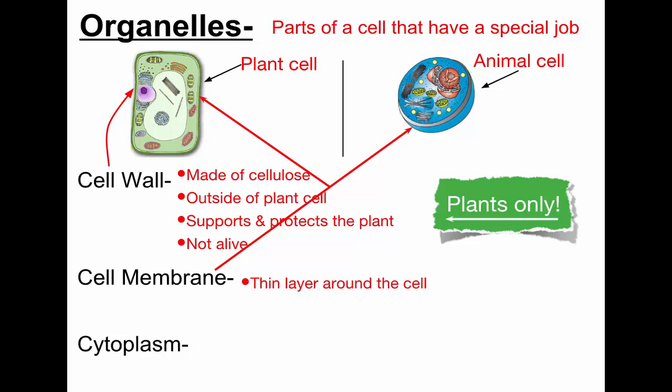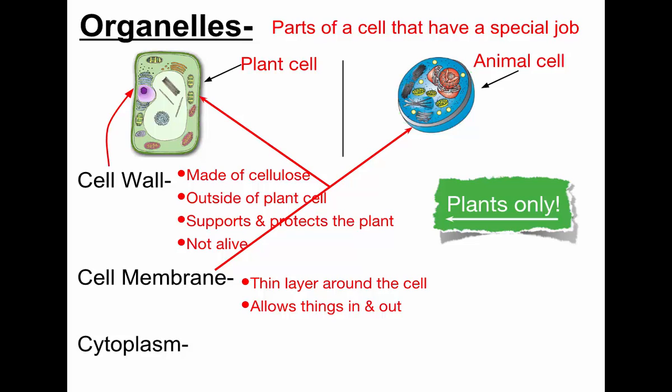It's very thin, it's flexible. It does several things. For our purposes, we're going to say its main job is to regulate things moving into and out of the cell. The cell membrane controls what can enter or leave the cell.